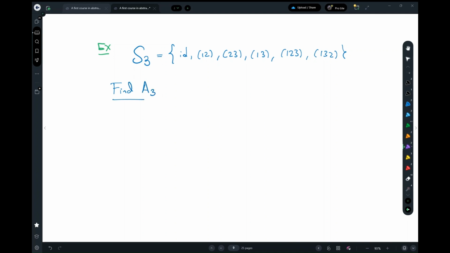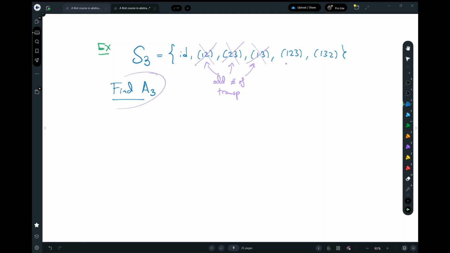So notice that these are transpositions, which already have an expression as a product of an odd number of transpositions, namely 1 transposition. So all the expressions have an odd number of transpositions. So these do not belong to A3.